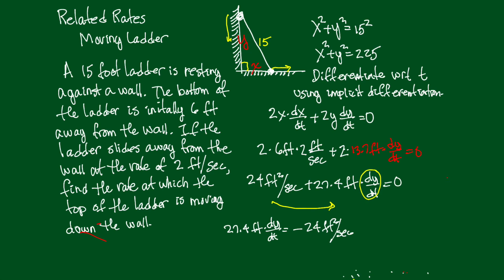Now what we need to do is get dy/dt just by dividing by that 27.4. So dy/dt is equal to negative 24 square feet per second divided by 27.4 feet.